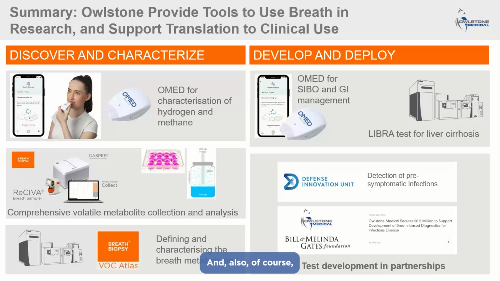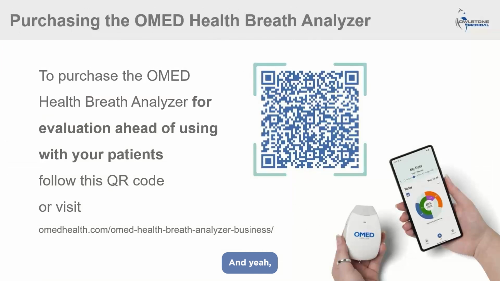We also offer technologies to do volatile metabolite analysis, such as short chain fatty acids and essentially all microbial metabolites. That's done using our Omni service, supported by the VOC Atlas, where we're gathering data to understand what VOCs we can see in the breath and what the levels usually are in the context of health and disease. Hopefully that provides quite a good insight into novel breath devices.